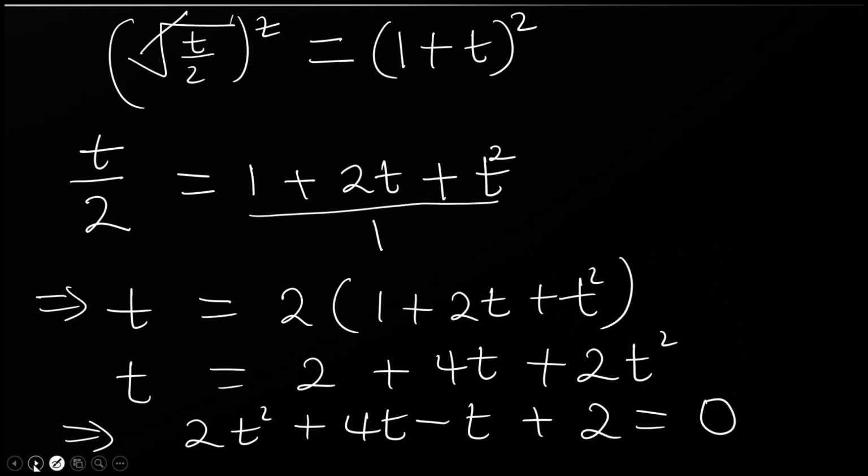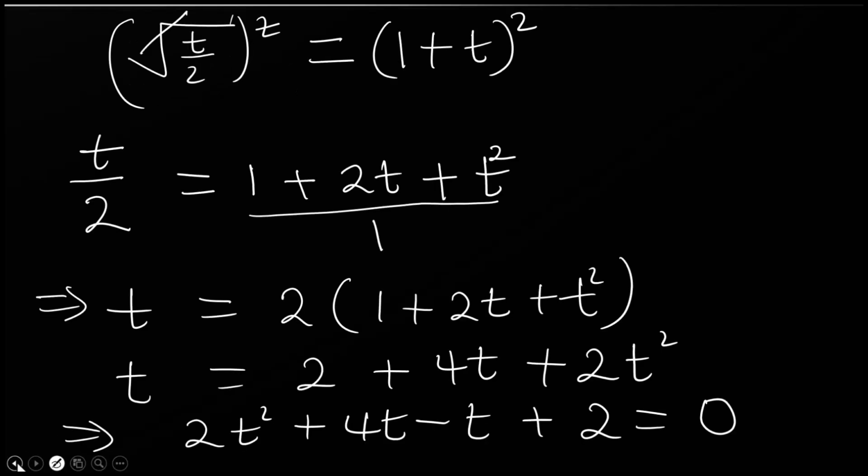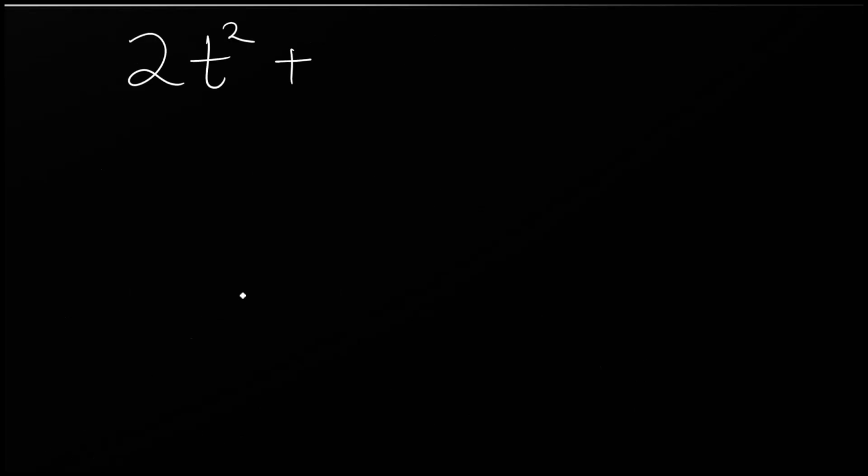Okay, so let's simplify. 2t squared plus, so 4 minus 1 will be 3, so we have 3t plus 2 equals 0.